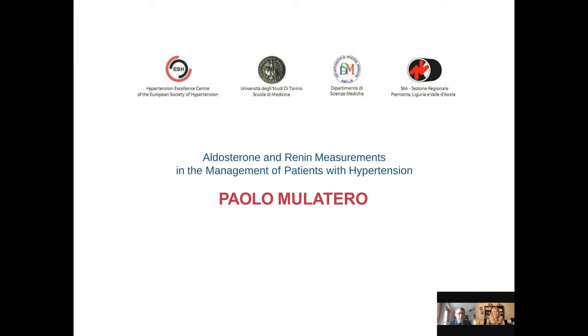Okay, this is an important point because when a patient with primary aldosteronism is treated with mineralocorticoid receptor antagonist, we want to be sure that we block every receptor and so aldosterone is not doing any damage to our cardiovascular system.